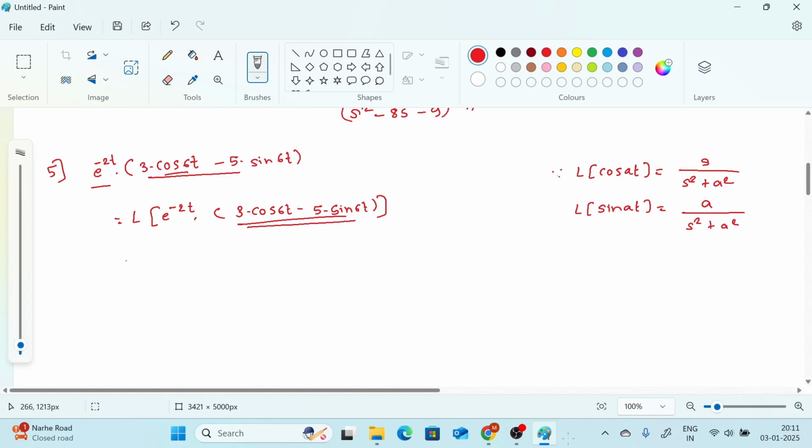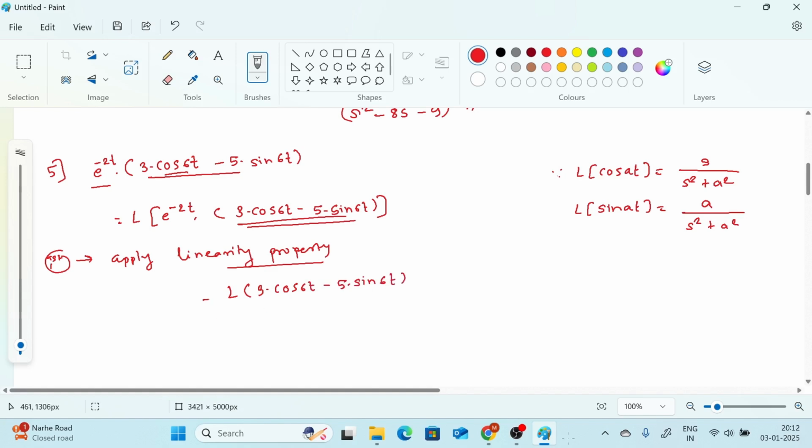So what I can do, first I will apply the linearity property. What is that? The Laplace of 3 cos 6t minus 5 sine of 6t, right?